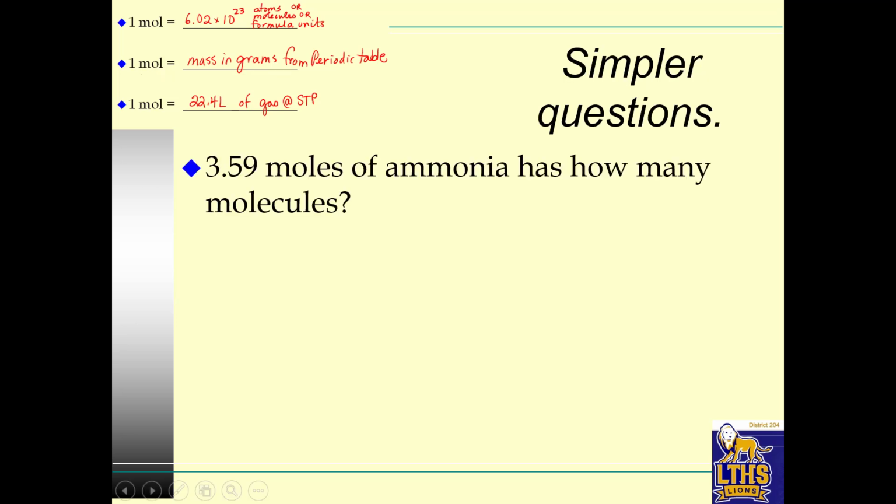Okay. All right, similar, not simpler, similar questions. What if I had 3.59 moles of ammonia? Right. What do I want to find? Molecules. Okay, since molecules represent ammonia, I could say moles of ammonia turning into molecules of ammonia.